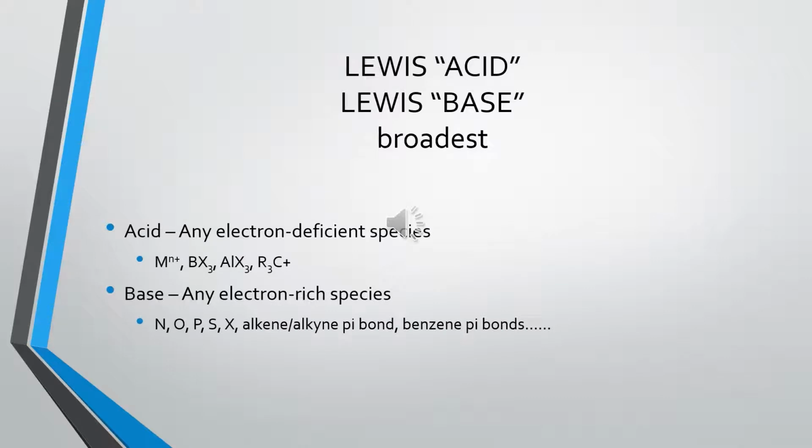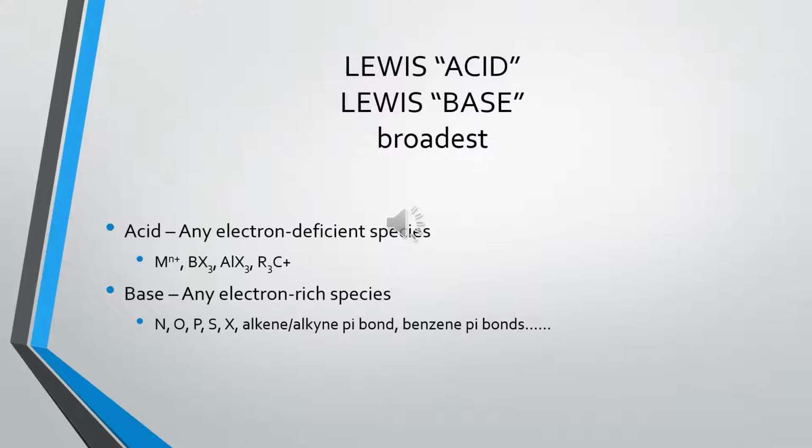So here are some examples of electron deficient Lewis acids. Pretty much any metal cation, metal ion, which are all cations, whether they're main group metals or transition metals, whether they're +1, +2, +3, +4. These are positively charged species, and by definition, they're electron deficient.